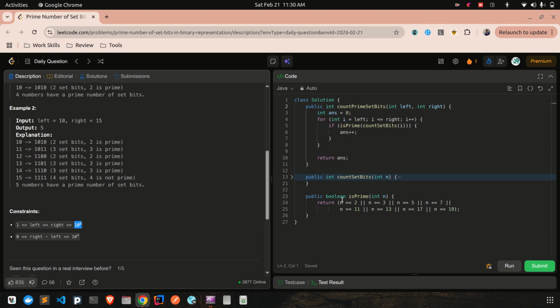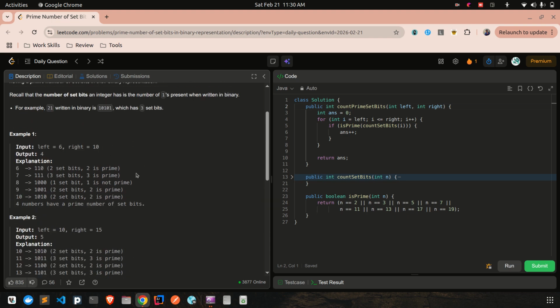So the number of set bits will always be less than 20. We can straight away count the number of set bits for a given number in the range and then check whether that count is prime or not. If it's prime, include it as part of your answer, or else don't include it.